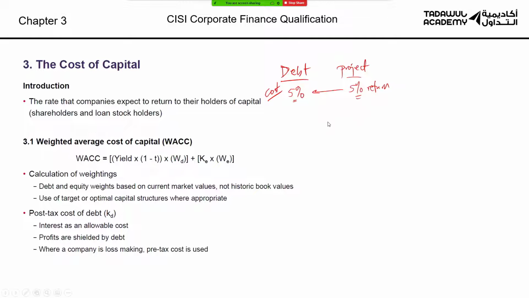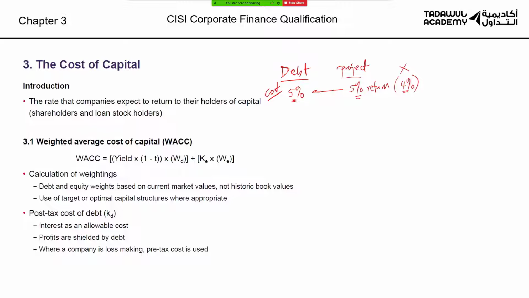If that project or that investment or that stock is expected to give you 4% return, for example, on money that's costing you 5% to the bank, so obviously this project, you should not be taking it. You should not be investing in this company because the return is less than the cost. So this is what we call the cost of debt.